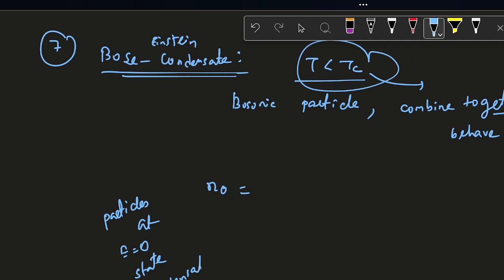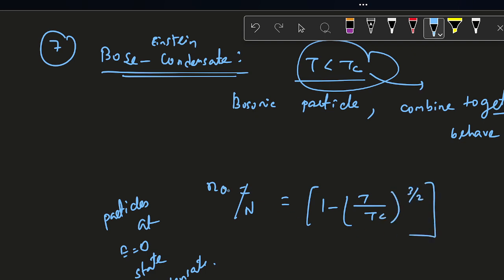That is given by n subscript 0, that is n naught. If your n naught is that, then the total number of particles is capital N. So the fraction goes like n naught by N equal to 1 minus (T by Tc) to the power of 3 by 2. So this is a straightforward formula.